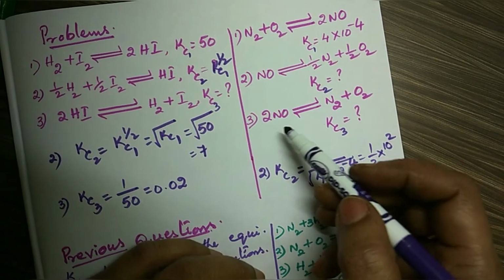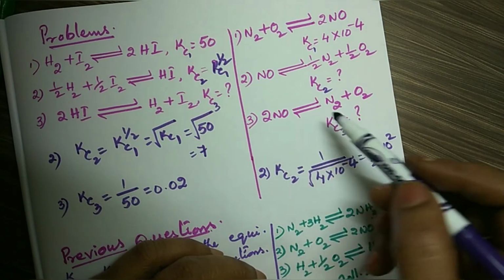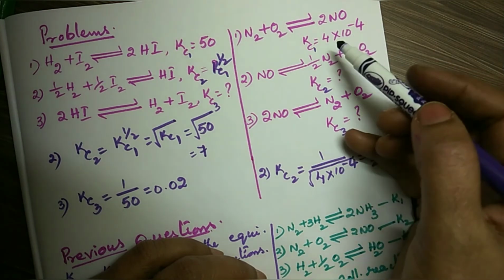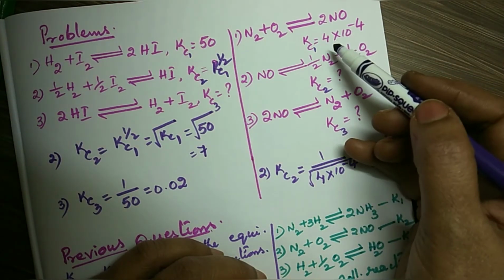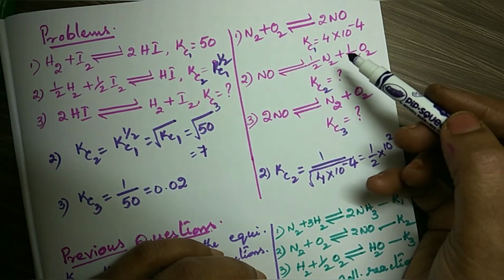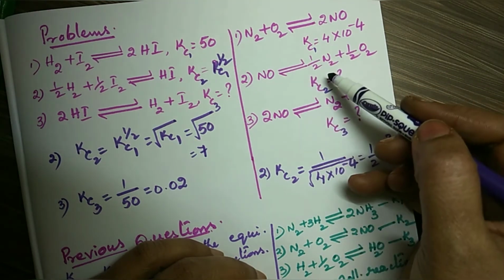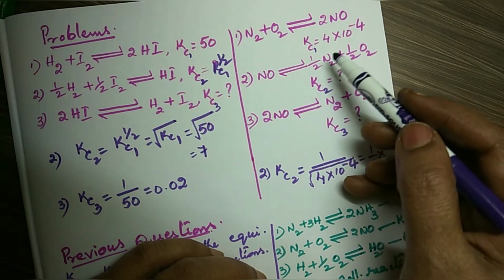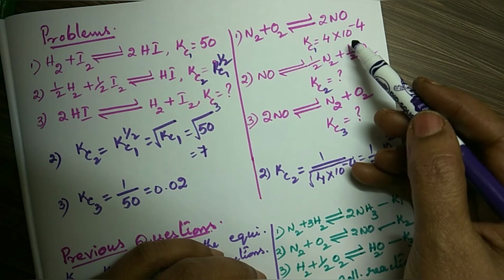And for the third one, 2NO giving N2 plus O2. This is the inverse of the first one without root, because the concentrations are same. So 1 by 4 into 10 power 4.